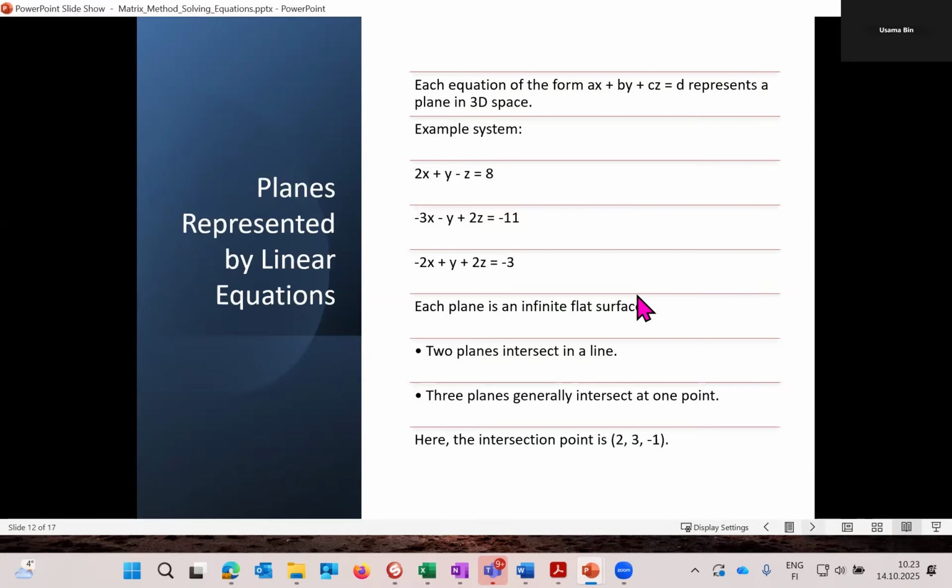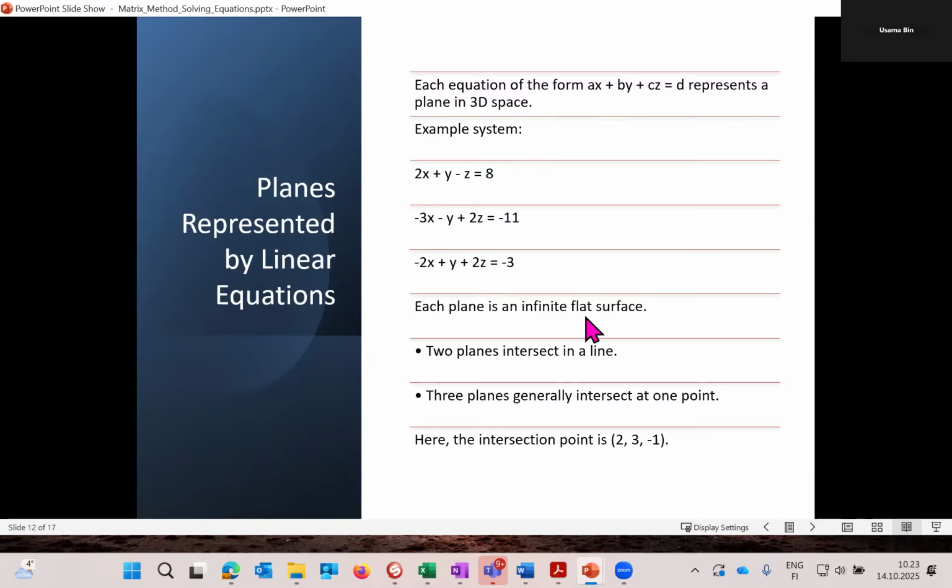And each equation, with these X, Y, and Z multiplied with something or not multiplied at all, and another number here, represents a plane in 3D space. Sorry, there are no brackets here, but there should be.